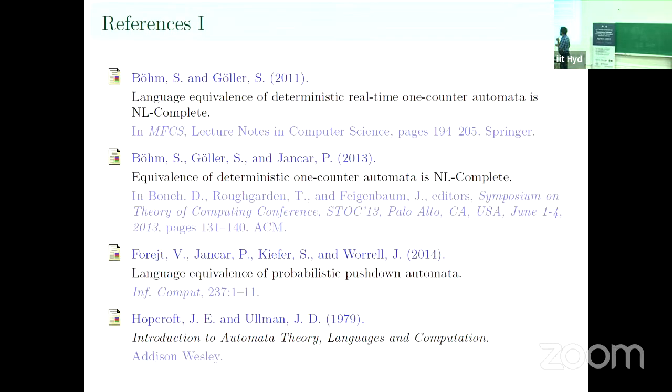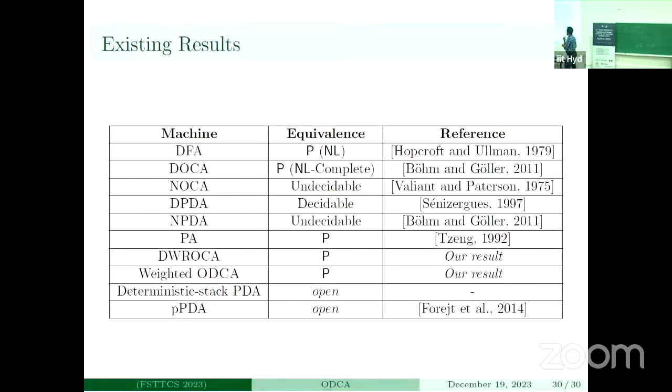This is also studied. Deterministic height weighted visibly pushdown automata were studied, and I think Stefan Kiefer has a result saying that the equivalence is in co-RP, and there's a polynomial time reduction from PIT, so it's unlikely to be in P.